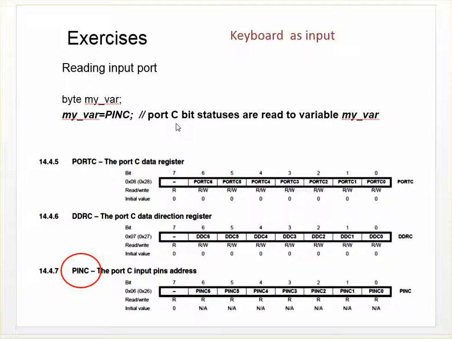So port C is an 8-bit port, so there are 8 pins in that port, and as this variable is of type byte, each of these bits in that variable is the equal status of the input pin.